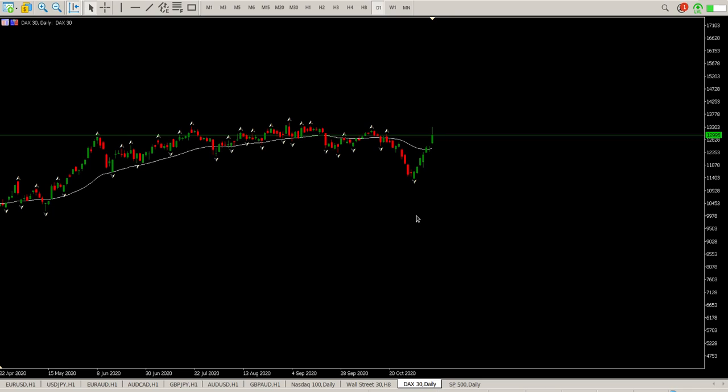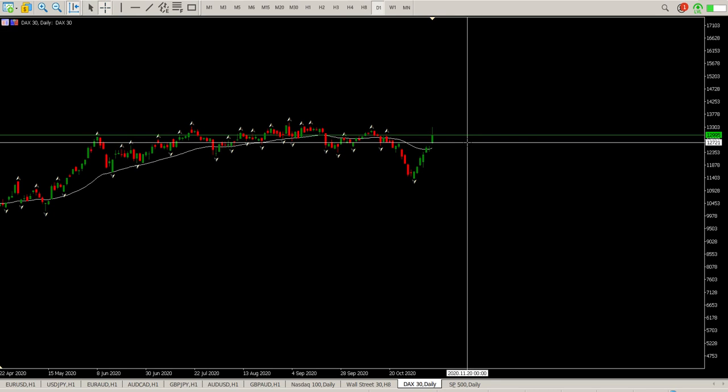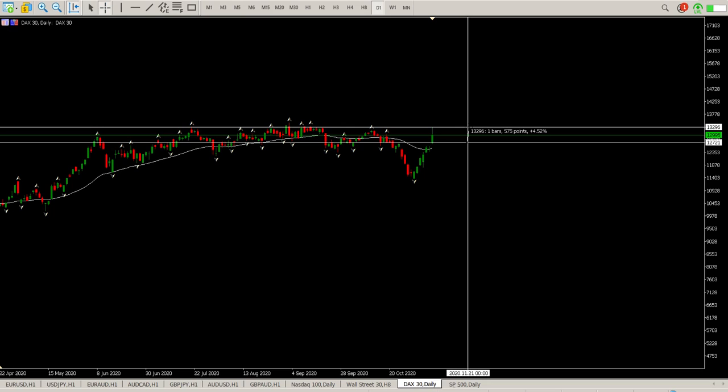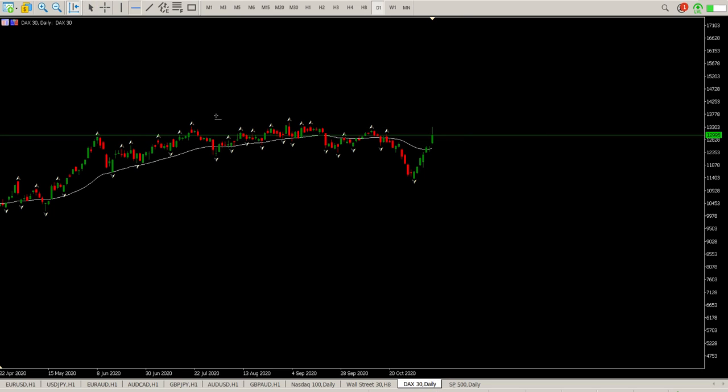Okay, so DAX, we had some pretty good news on the vaccine, and that basically was almost a 5%, a 4.5% move to the upside before selling off, and the selling off was coming off the top here. I just want to get the level perfect, so you can see it was rejection, and we pretty much rejected off that level again.